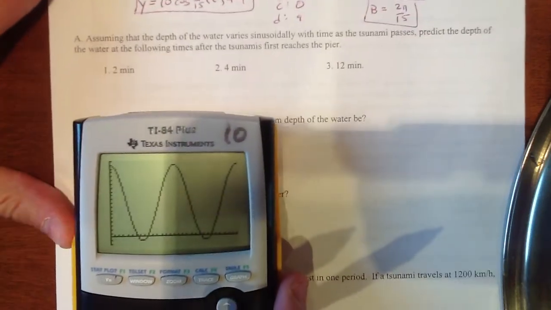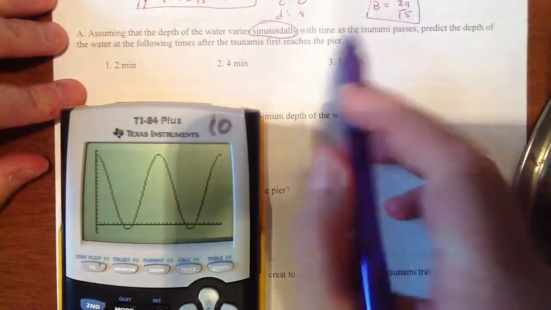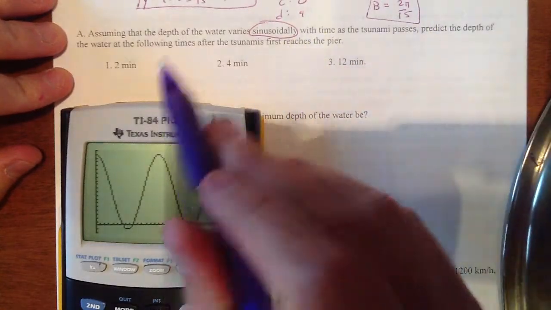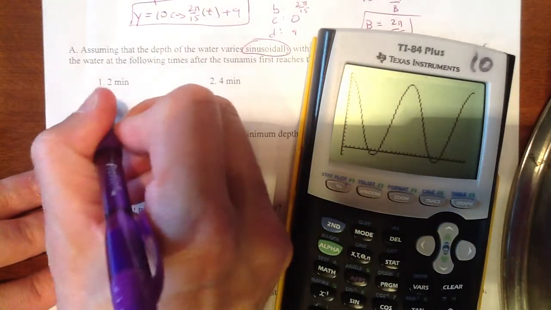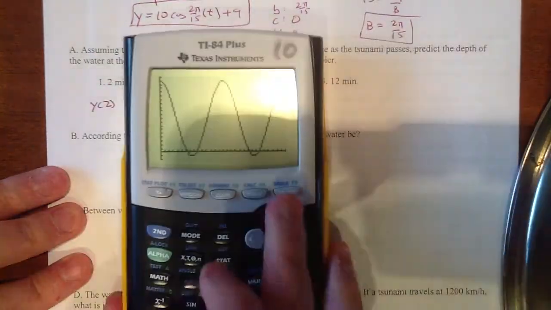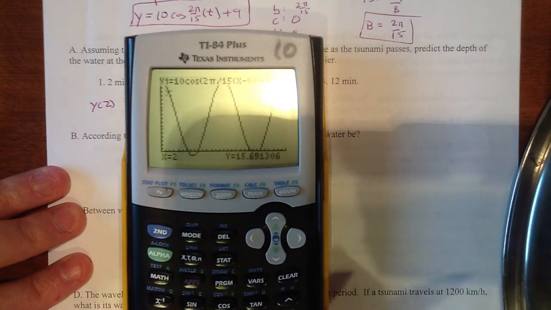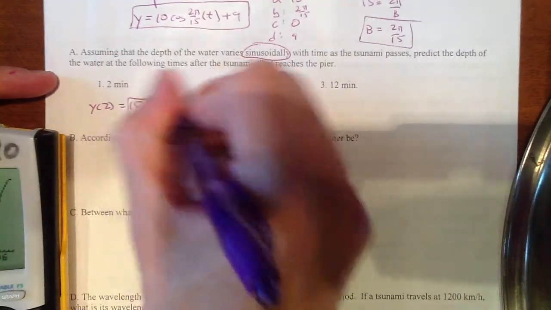And of course, for part A, they say, assuming it varies periodically, predict the depth of the water at the following times. That's where we get our equation from. And that's easy to do. So we want to find y of 2, 2 minutes after we started. Second calc, value at 2. I hit enter, and it tells me it's going to be 15.691 meters.